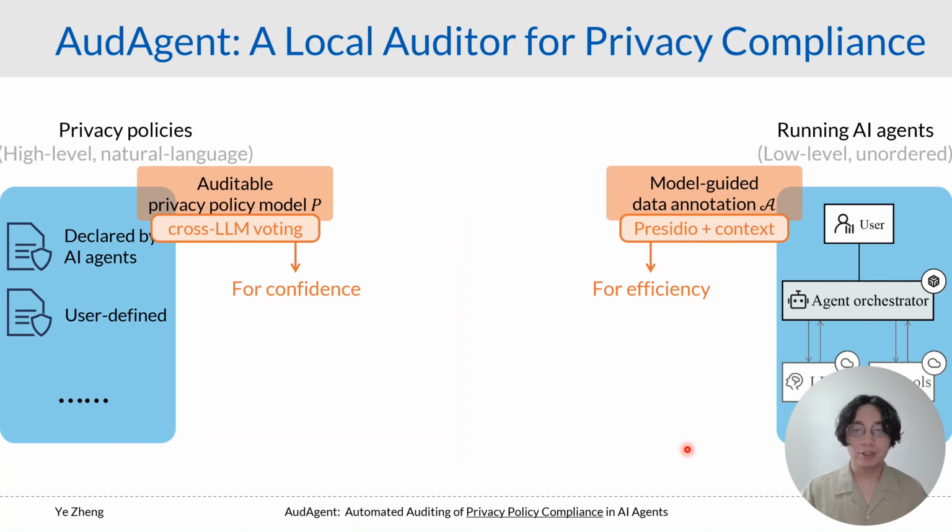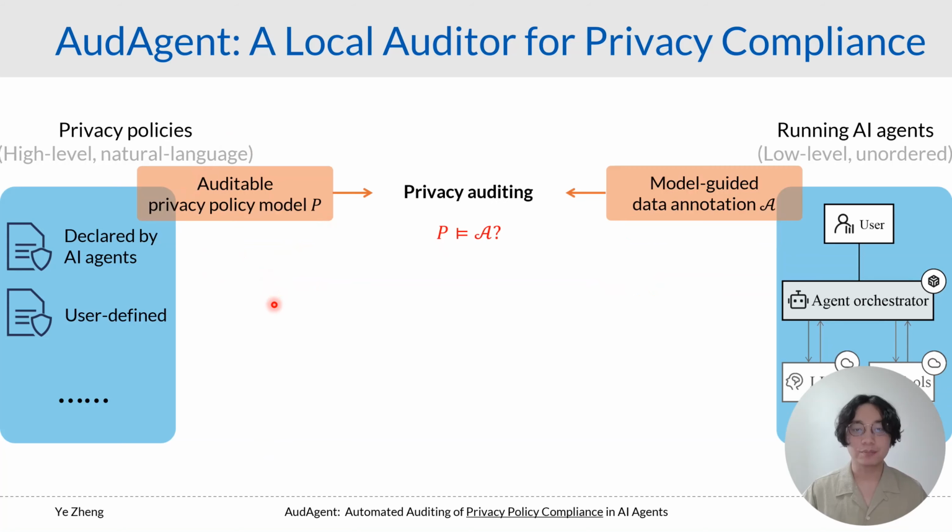In implementation, we use Microsoft Presidio with task context for user trustworthiness and efficiency. For the privacy policy model, we use cross-LLM voting for confidence in a trusted privacy policy model. This part does not involve user trustworthiness.